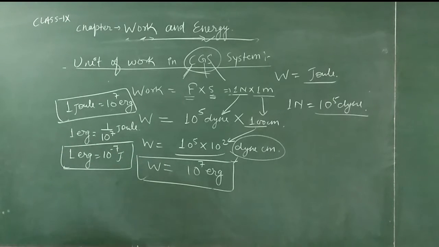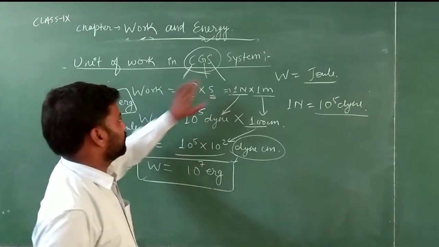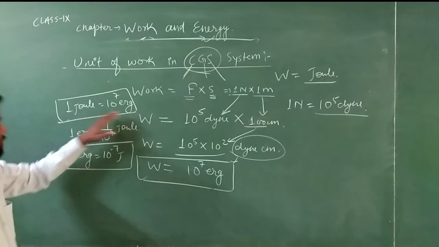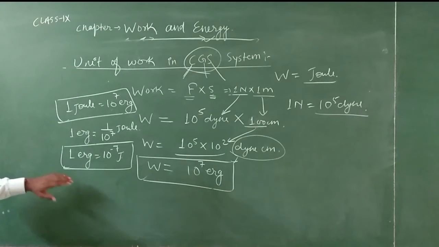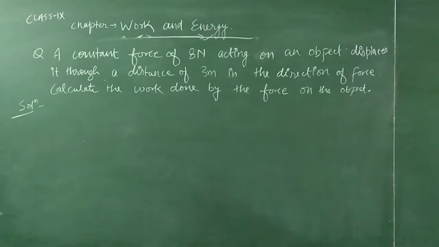It is the relation between the SI unit of work and the CGS unit of work. That 1 joule work will be equal to 10 to the power 7 erg and 1 erg will be equal to 10 to the power minus 7 joule.